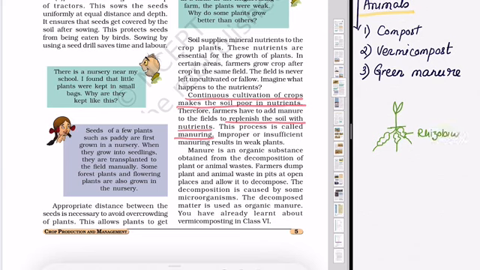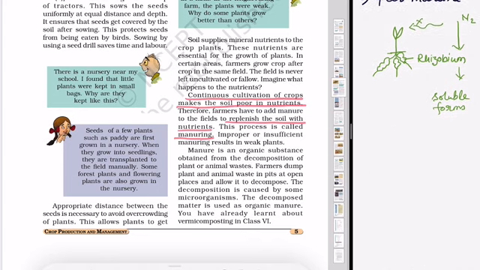Now, rhizobium bacteria can convert atmospheric nitrogen. Nitrogen is present in the atmosphere in gas form, which cannot be used by the plant directly. So nitrogen has to be converted into soluble forms. This is done by the bacteria rhizobium, and then it can be used by the plants. So if a leguminous plant is grown in the field, then the field becomes rich in nitrogen.